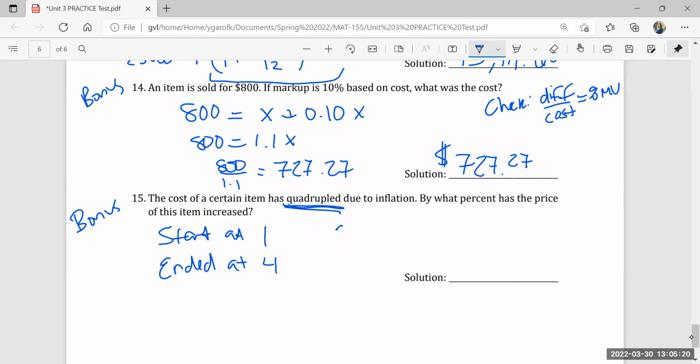So remember that our percent increase is, well, let's not say start minus because I don't want to get signs involved here. Our percent is the difference divided by the original.